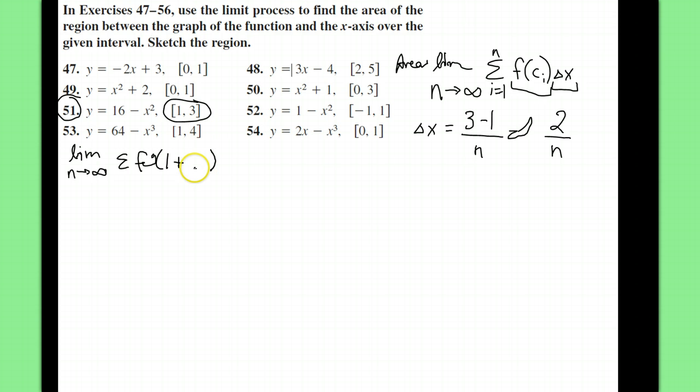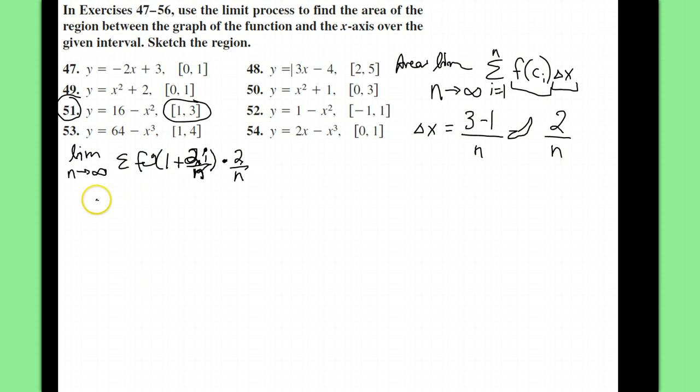Each new rectangle is moved to the right a little bit, and the amount it moves is the width of the rectangle, and I have this i here, which tells me which rectangle it is. So it's the function value of 1 plus 2i over n times the width, which is 2 over n.